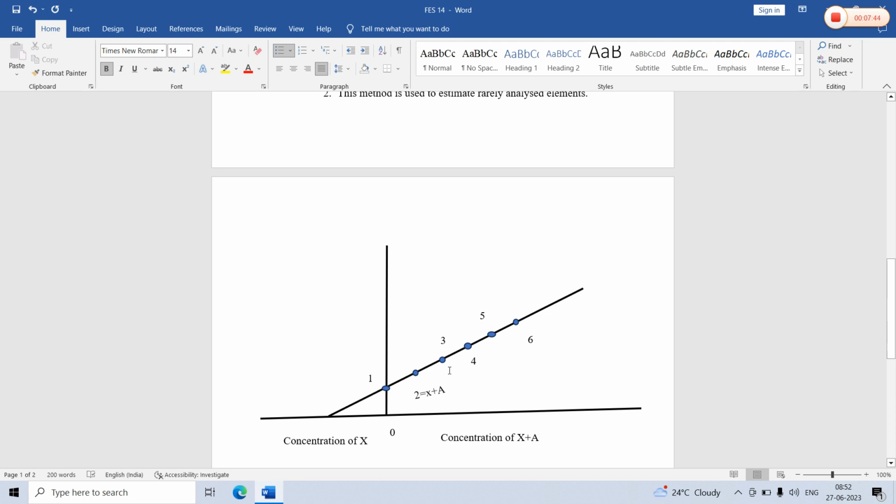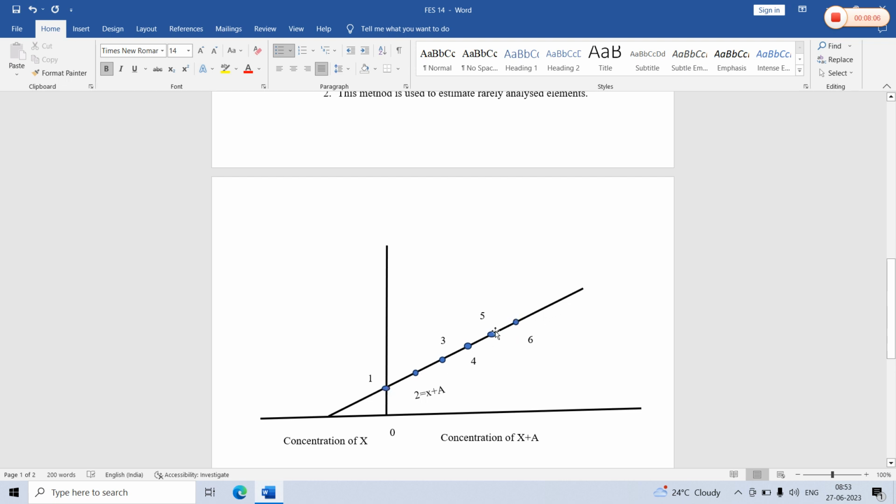So multiple concentrations of A are added into that unknown solution. So this should be X plus A, X plus 2A, X plus 3A, X plus 4A, X plus 5A, and here we get the intensity due to the unknown solution having the unknown concentration.